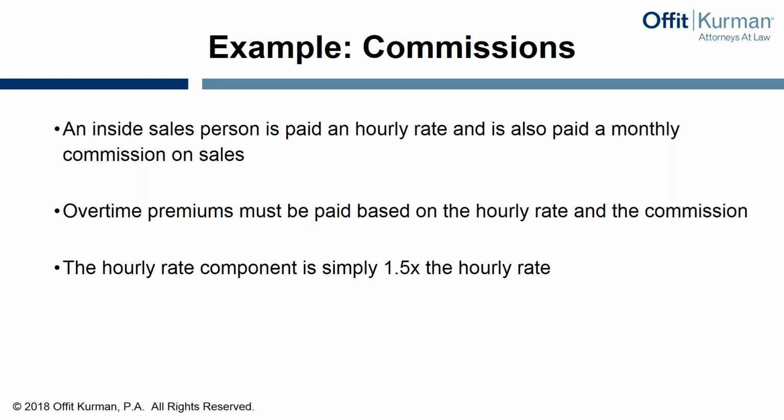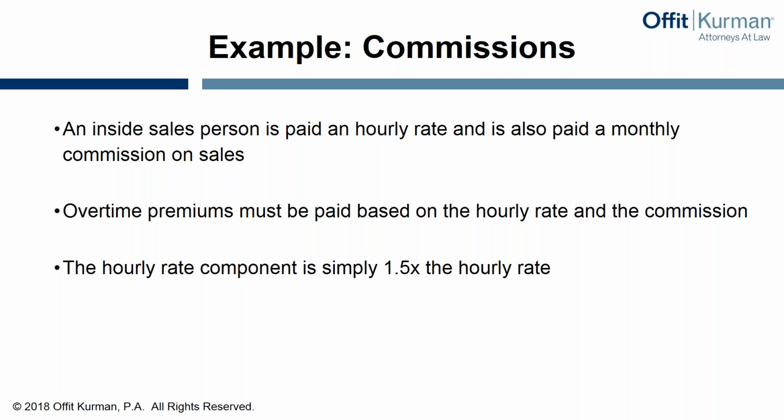Taking the hourly rate, you simply multiply the hourly rate by time and a half, and you multiply that by the overtime hours. To use an example, let's assume that this employee makes $10 an hour as an hourly rate, and they work 50 hours in the week.